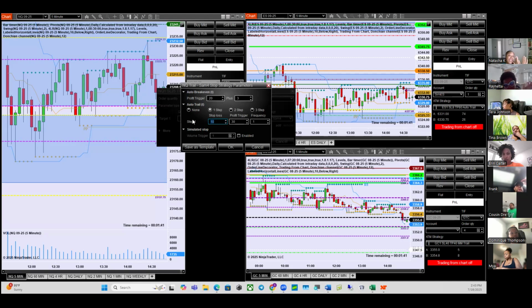And it would remain $50 behind profit moving forward. So the most I should lose if it comes back and hits my stop is $50 from the highest profit point that it reaches, because it's trailing me by a frequency of 1.